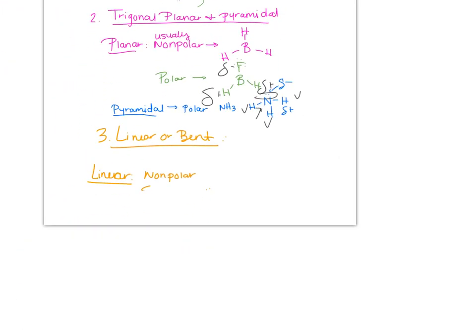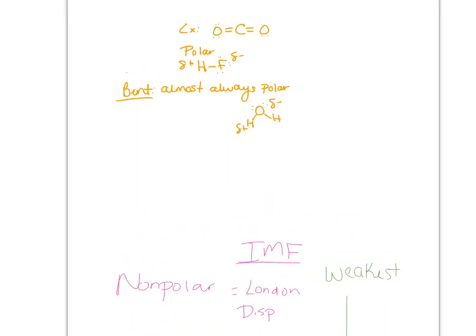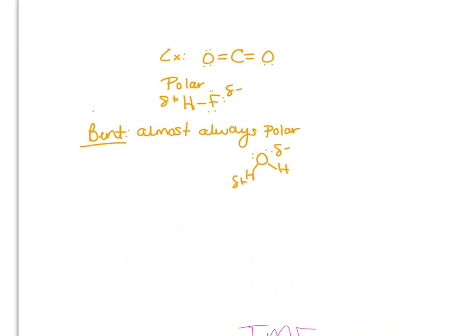And linear and bent. Linear is normally going to be when you only have 2 elements, or when you have 3 and you have those double bonds. Typically linear is nonpolar, but not always the case. Linear can definitely be polar as well. So let's go over an example of each. Let's say carbon dioxide, that's a great example of a nonpolar molecule where you have those double bonds.